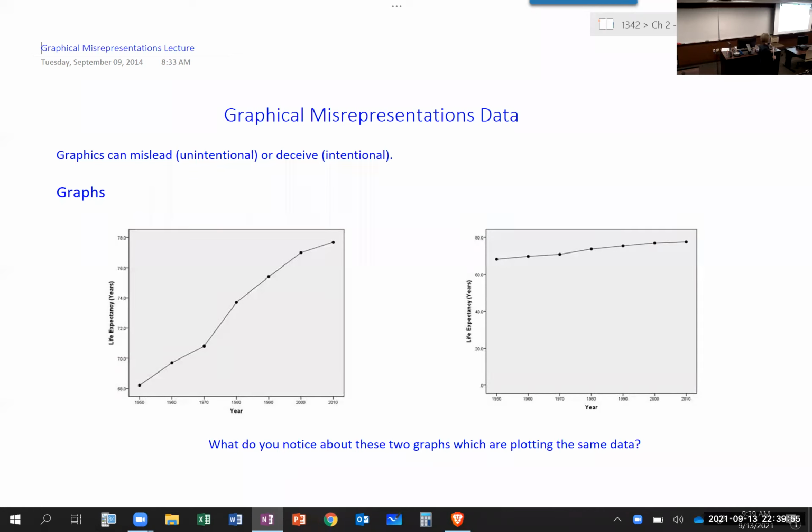They are both about life expectancy. It's a time plot from the year 1950 through 2010. Can somebody explain what differences you see between those two graphs?